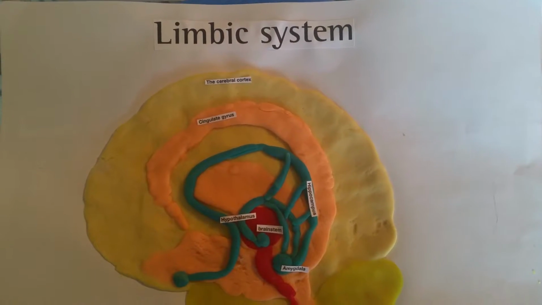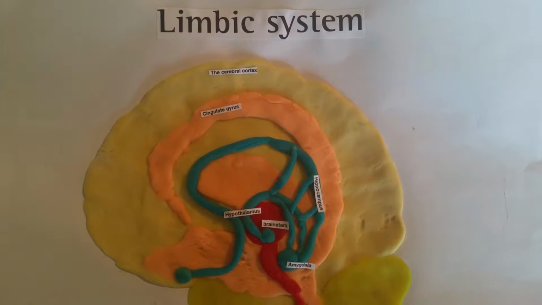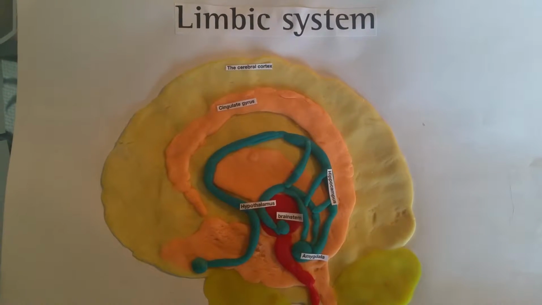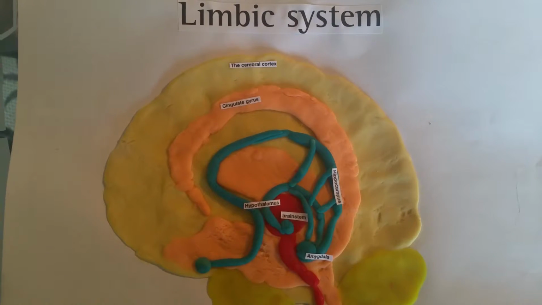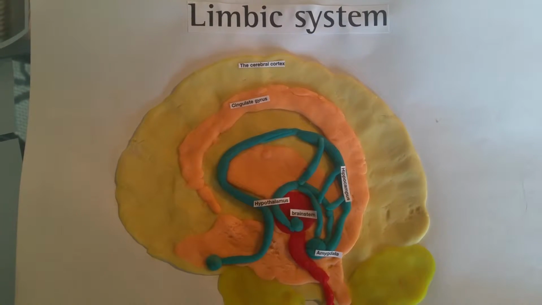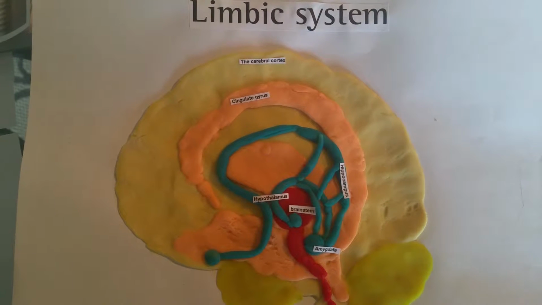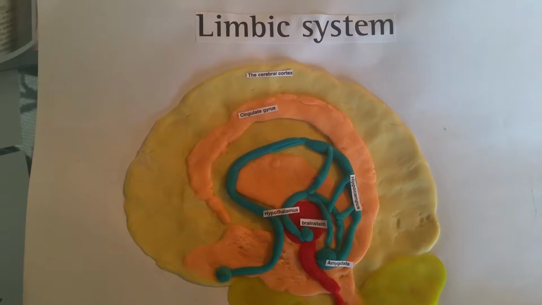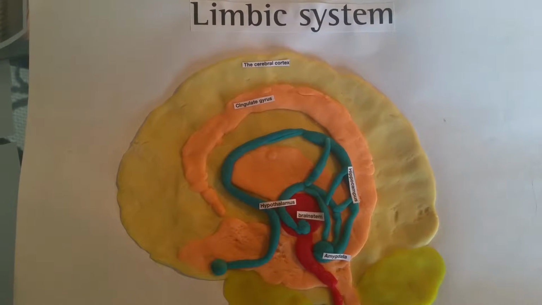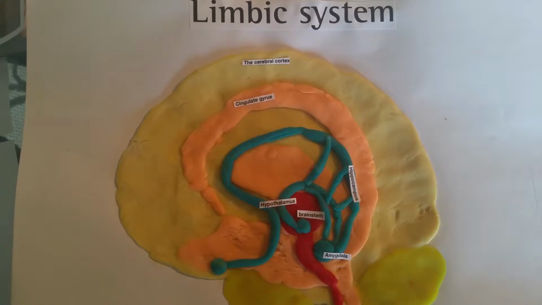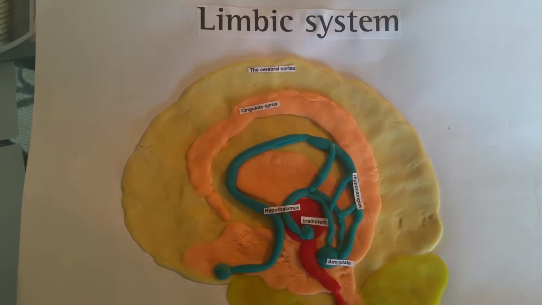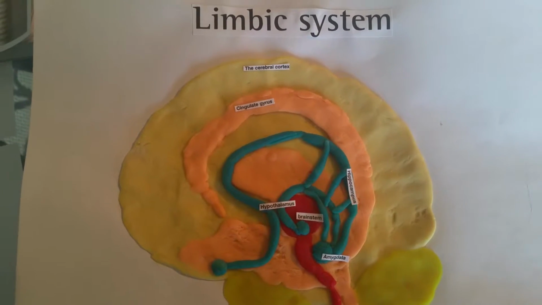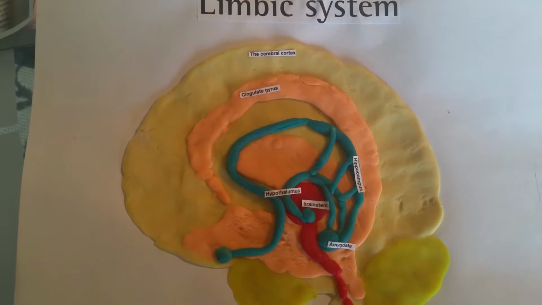Here's a clay representation of the limbic system. The limbic system is a ring of interconnected structures that lies deep within the brain, and it makes connections with other parts of the brain and is associated with mood and memory. The human brain is considered to be made up of 3 parts, having evolved one after the other.